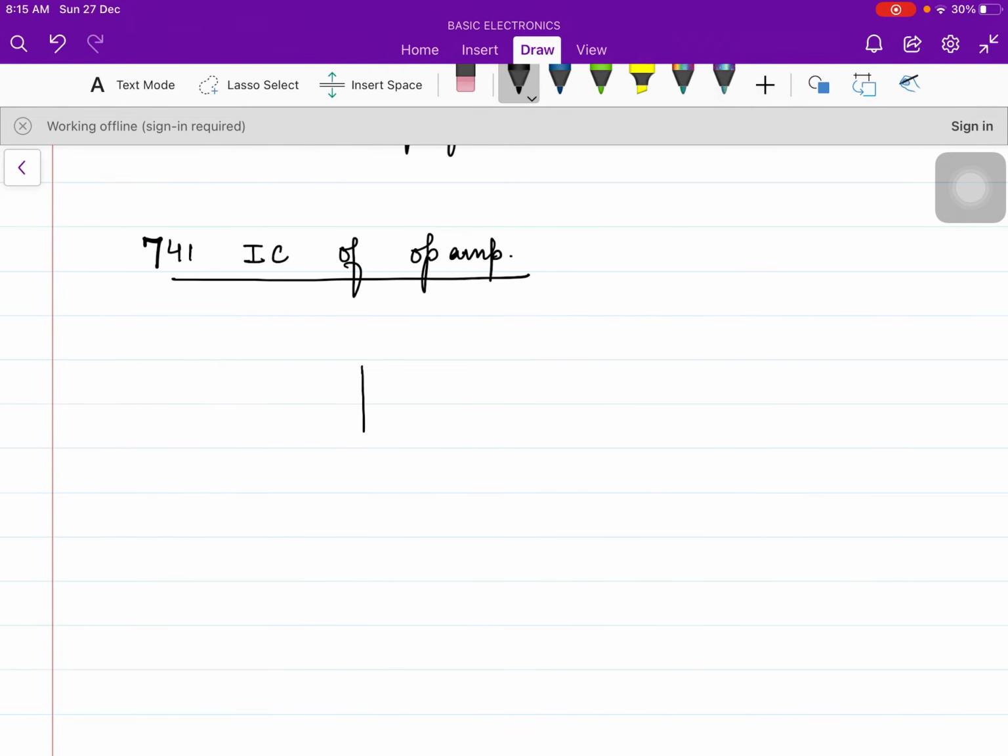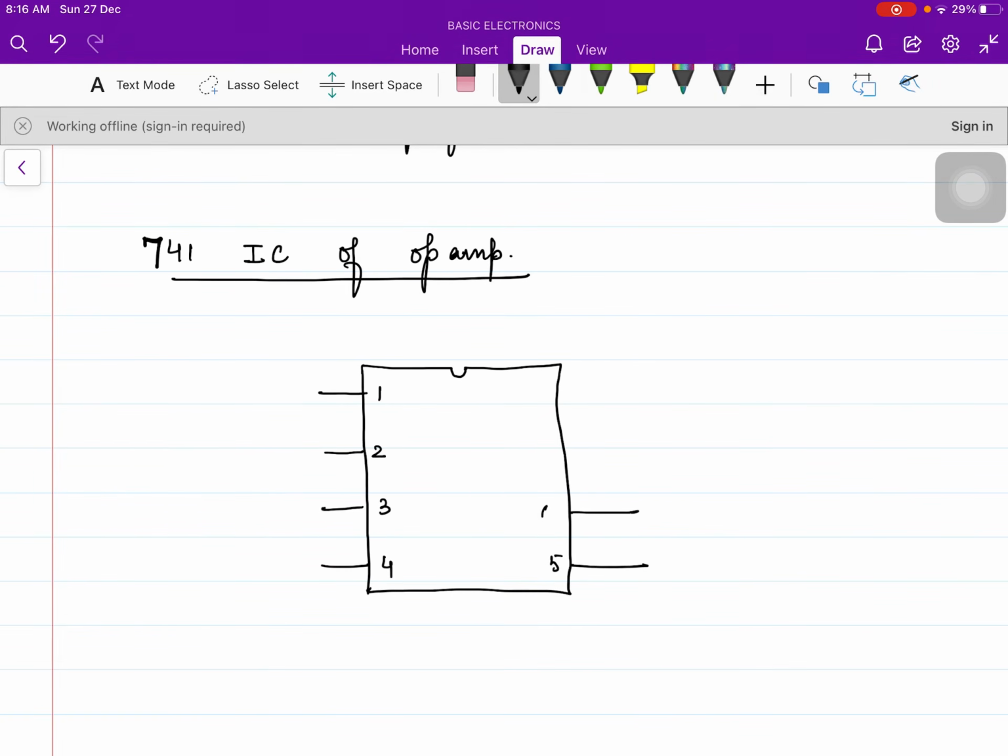First of all, we must remember that it is an 8-pin IC, and this curve that I have drawn on the top represents that we have to hold the IC and then mark the number of the pins. If we hold the IC like this, then it is pin number 1, 2, 3 and 4, and the 5th pin starts from here itself, that is 5, 6, 7 and 8.